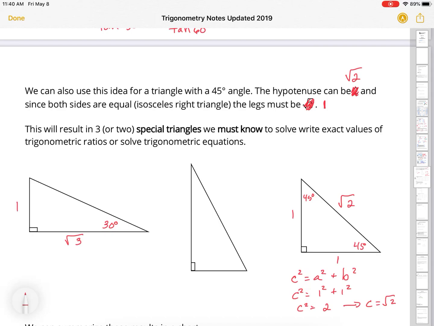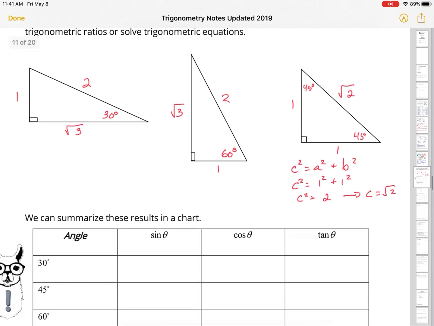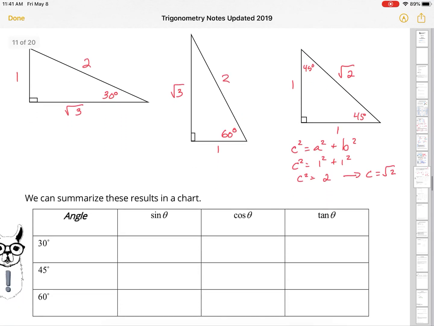Now, we just did the 30 and 60-degree triangles. So we'll just put their values in. So 30 has an adjacent side of root 3 and an opposite side of 1 and the hypotenuse of 2. With 60, it's got a hypotenuse of 2, an adjacent side of 1, and an opposite side of root 3. Same triangle, just on its side.